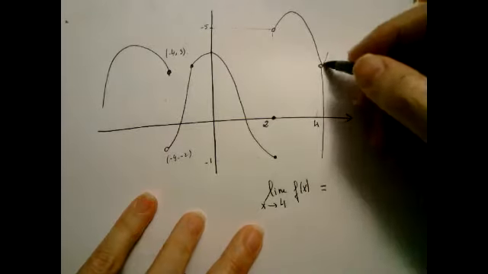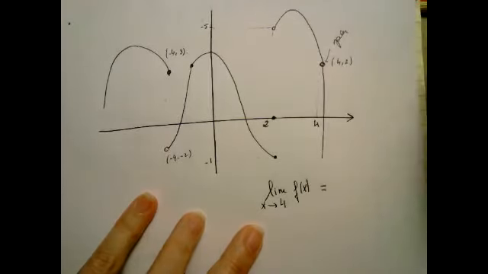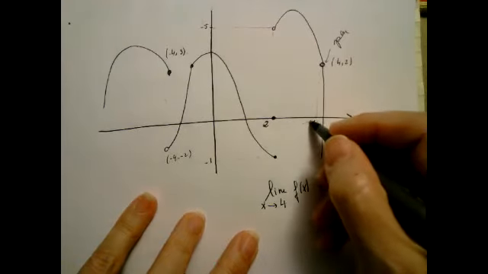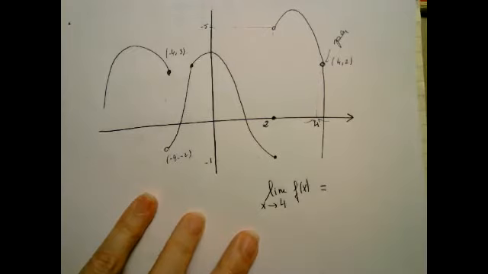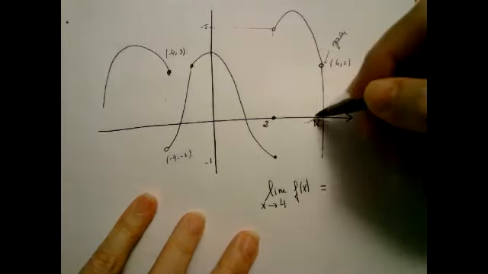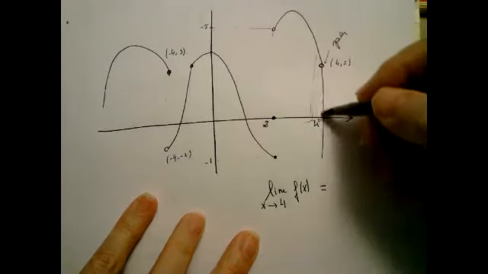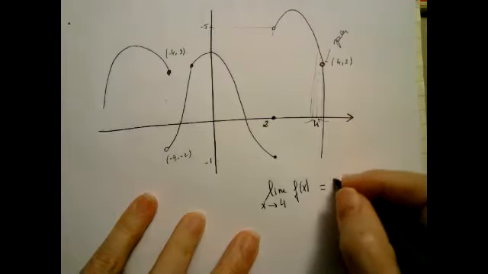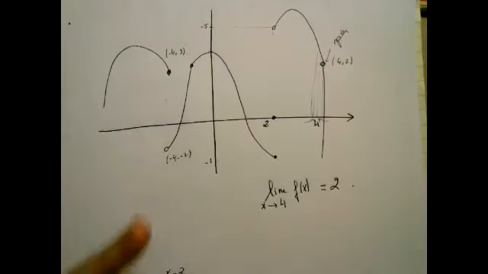So this is open, but we actually don't care. It means f of 4 is not defined, but the limit only worries about what's happening close to 4, from both left and right. So in this case, whether it's from the left or from the right, the output values are getting close to 2, so this is equal to 2. Even if f of 4 is not defined, it doesn't really matter that much.